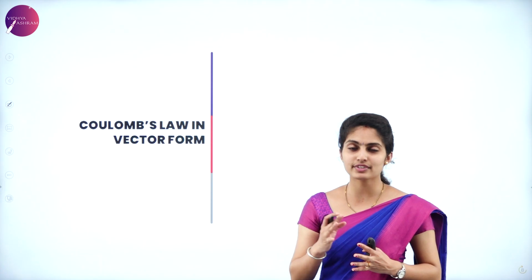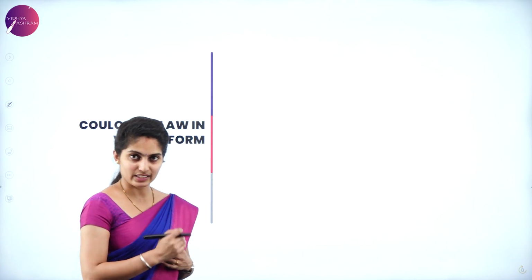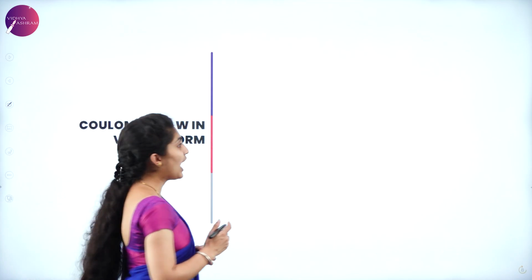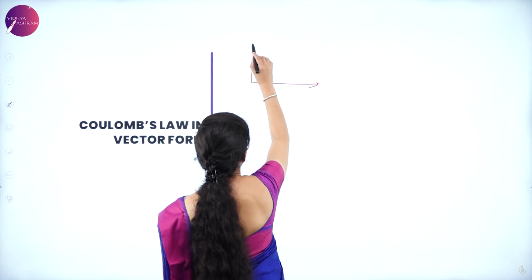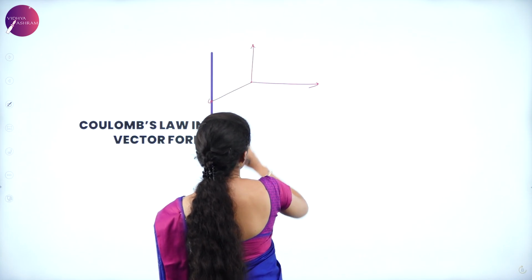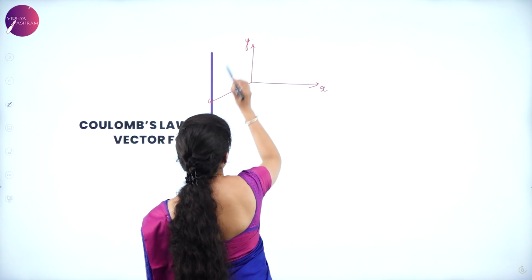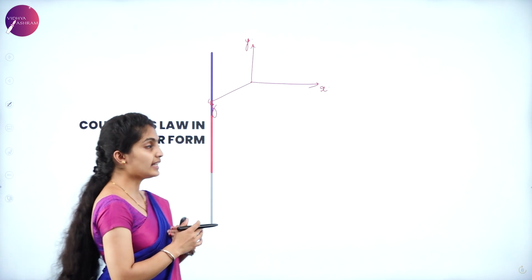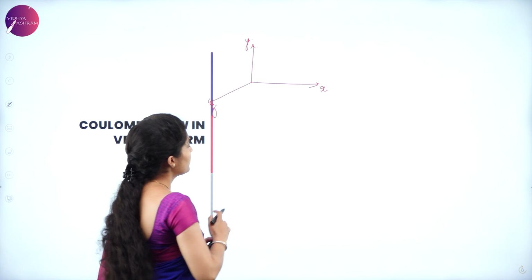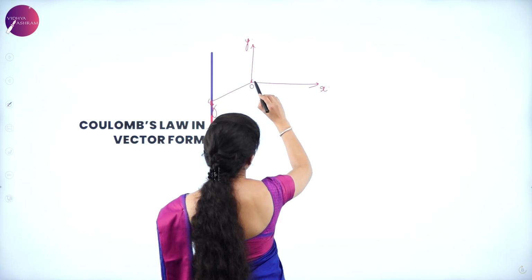Next is Coulomb's law in vector form. Here we consider a 3D axis system with x-axis, y-axis as well as z-axis. Let us consider two point charges. From here this is the origin.